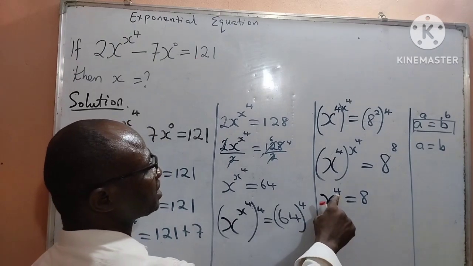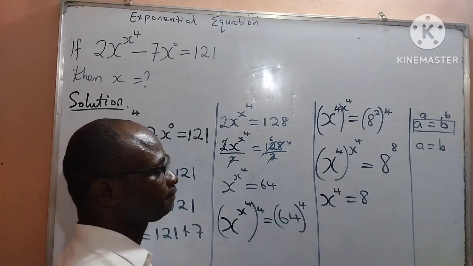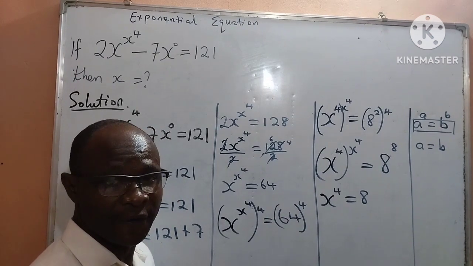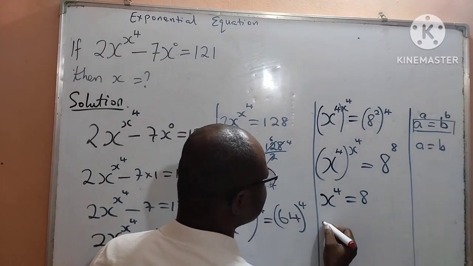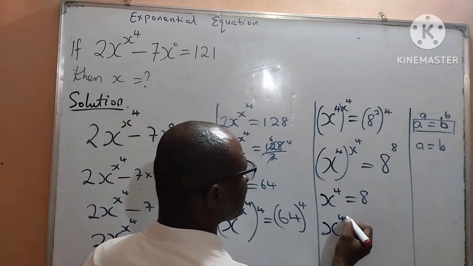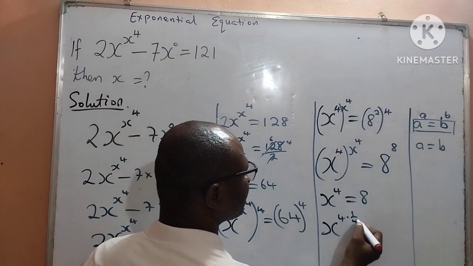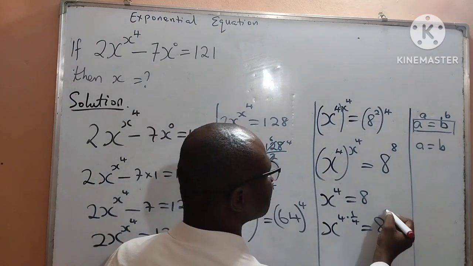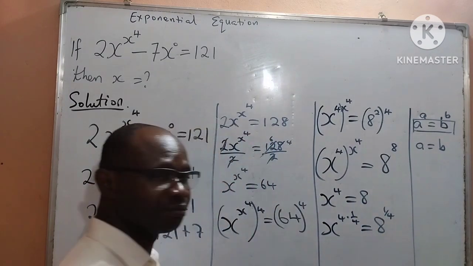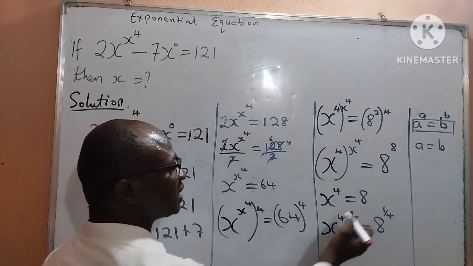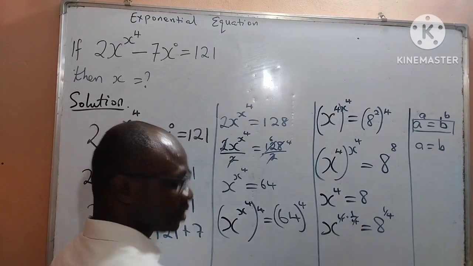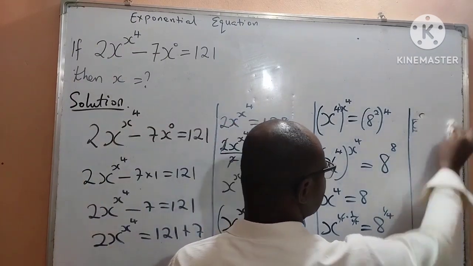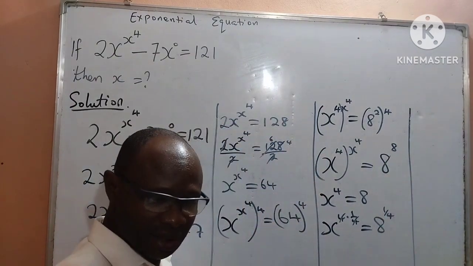What I will do to get this x is to multiply both sides of the power by 1 over 4. And that means I shall now write x to the power of 4 multiplied by 1 over 4. And to the right hand side, I do the same thing, 8 to the power of 1 over 4. Beautiful. So that the 4 here at the denominator can cancel this 4, leaving me with just x by the left hand side.